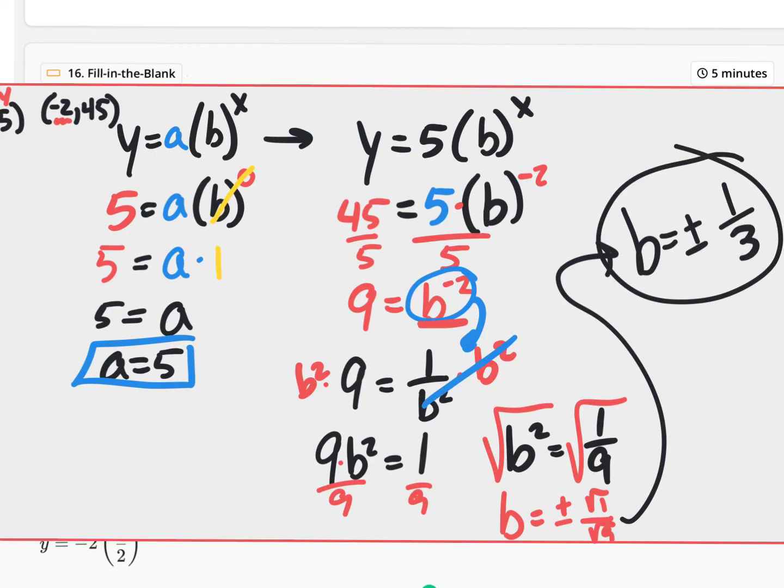Now, because we're plugging in the b value as the base, we're going to just put positive 1/3. We're not going to put negative, because it's not going to be an exponential growth function with a negative in there.